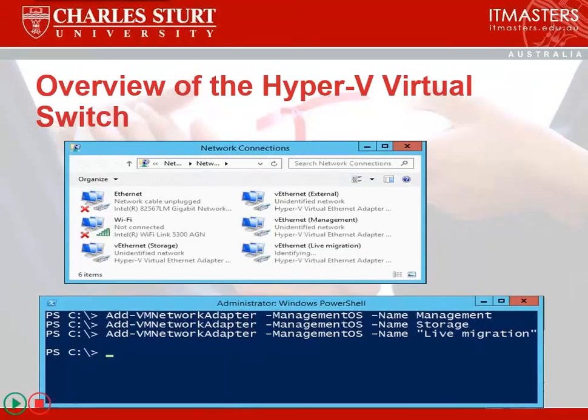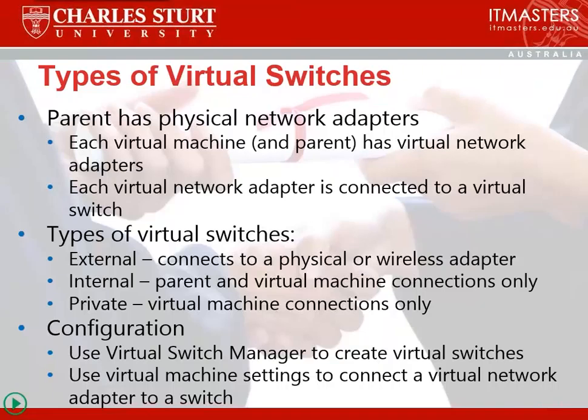So again, don't worry about the switches, not covered in the exam. There are 3 types of different virtual switches. The parent has a physical network adapter, and each virtual machine and parent will have a virtual network adapter. Then each virtual network adapter is connected to a virtual switch.